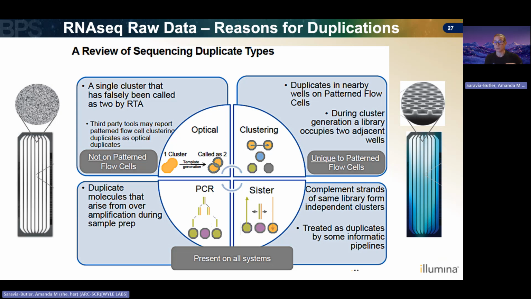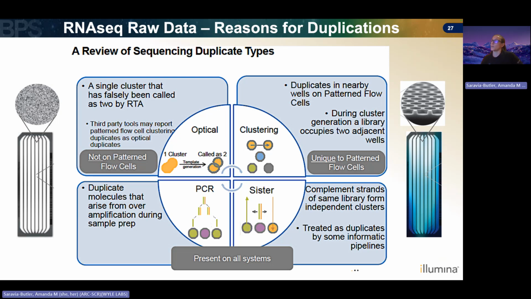We have made them doing PCR. And so we can sequence the copies that we made artificially in that PCR step, in which case it would show up as the same sequence in two different locations, but that came from a technical artifact, that PCR amplification.